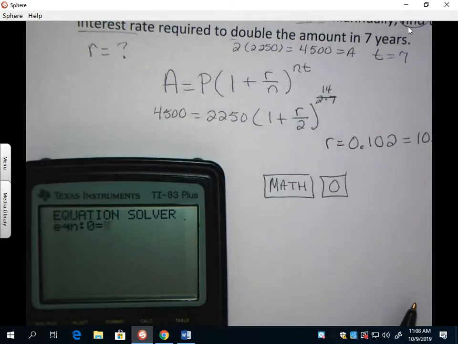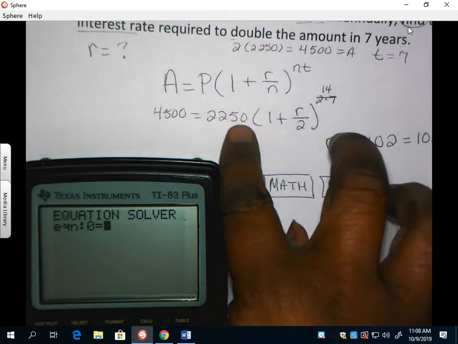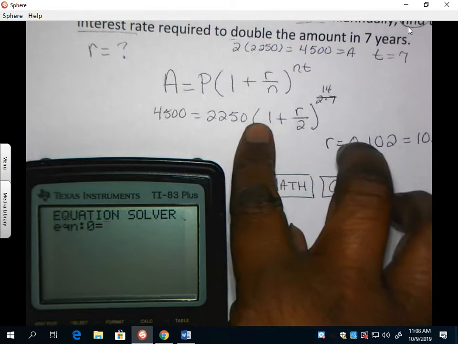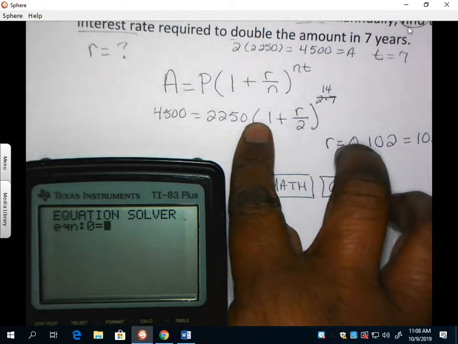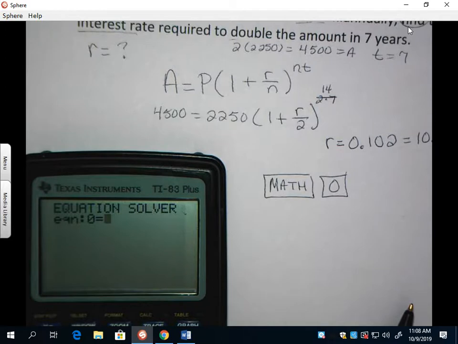In this calculator, I can actually type in the formula and then repeatedly use it to solve for any of the unknowns. So let's try that first. What I'm going to do is type P, and alpha.